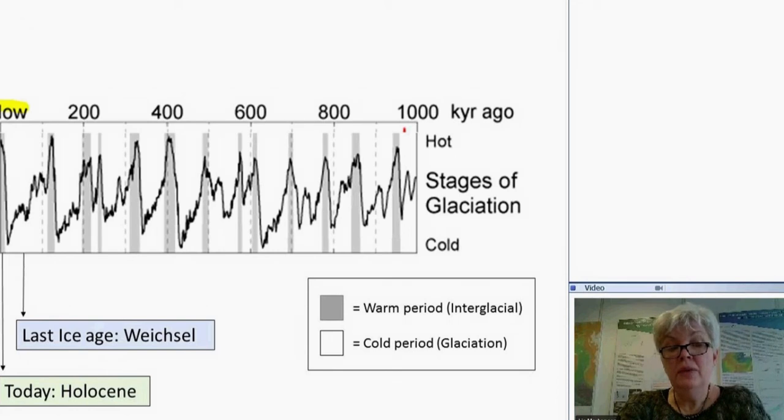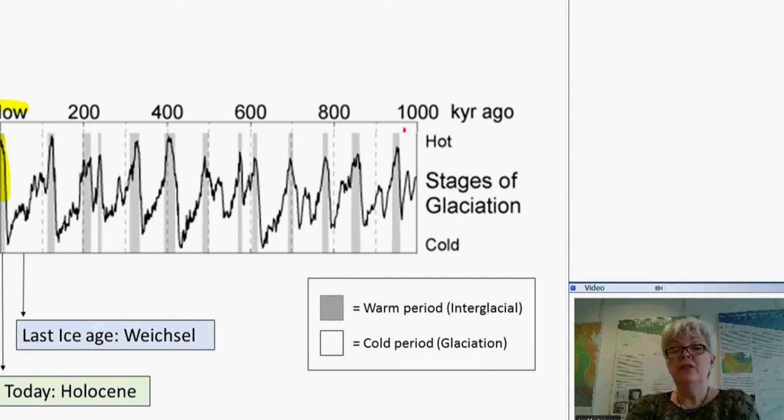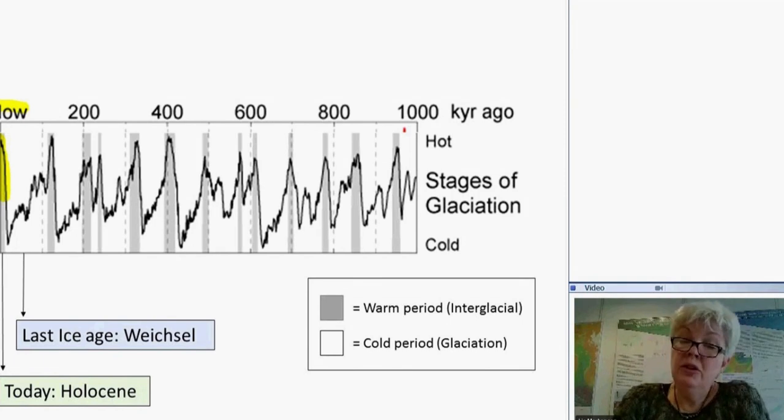We are in a gray area here, and you can see that these gray zones happen at various intervals, and they show the warm periods, the interglacial periods, the periods between ice ages. Then we have the wide areas in between two gray areas, and they show us the cold periods, the glaciations.